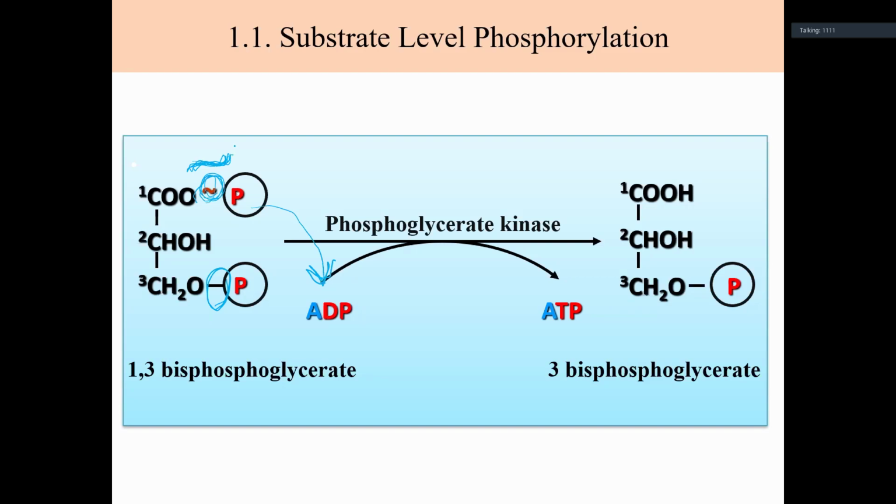Whenever there is a chance to move a phosphate, this will move first. So in 1,3-bisphosphoglycerate, position number 1 is a labile one and is easily removed. This phosphate will go out, add to the ADP and make ATP. Clear?